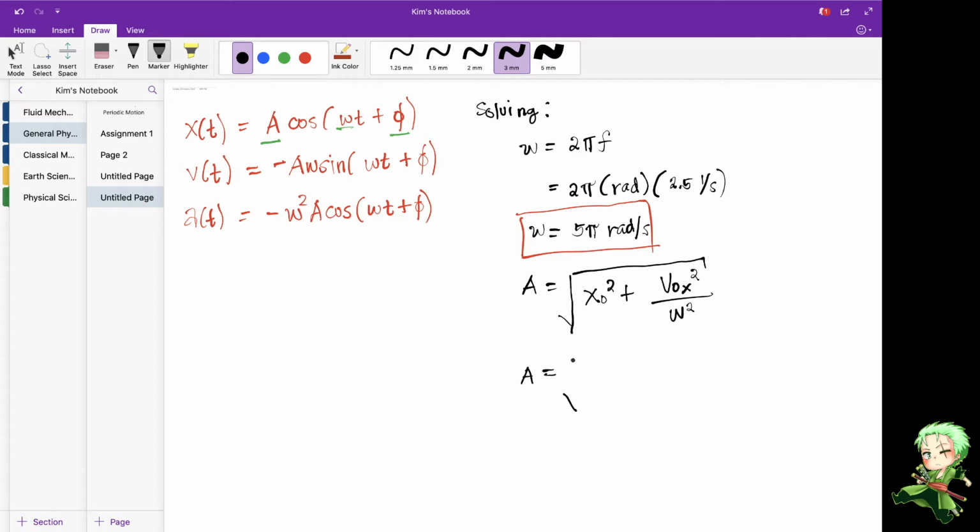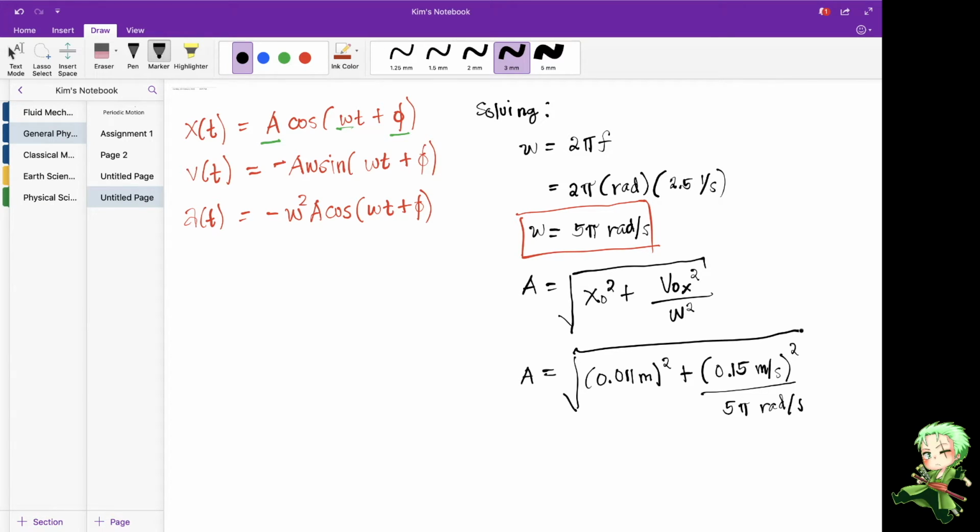So you take the square root, so x naught, we have seen that to be 0.011 meters squared. Initial velocity is 0.15 meters per second, square that, and then omega squared, you have solved that to be 5 pi rad per second.